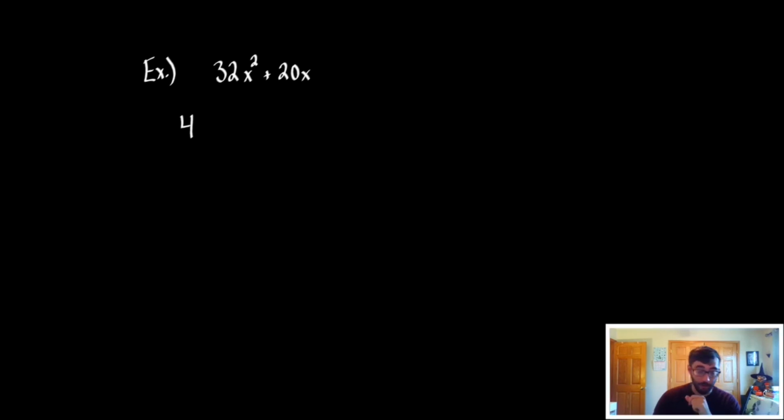Now the next part is, notice how both of these have the variable x. That means that they actually have a common factor of x. In fact, there's 2 x's here because that's x squared, and there's 1 x here. So they have an x in common. So I'm actually able to take out an x. So our greatest common factor would be 4x.